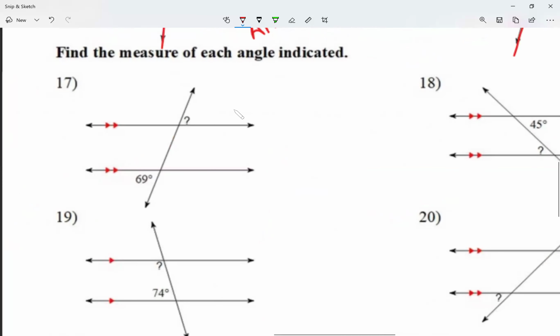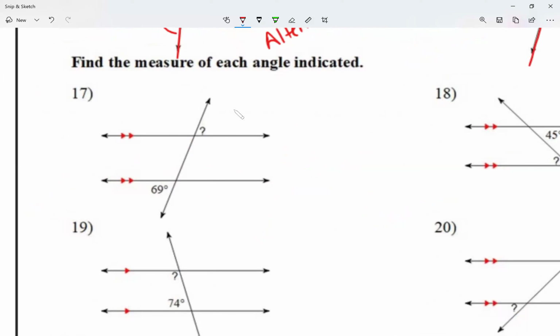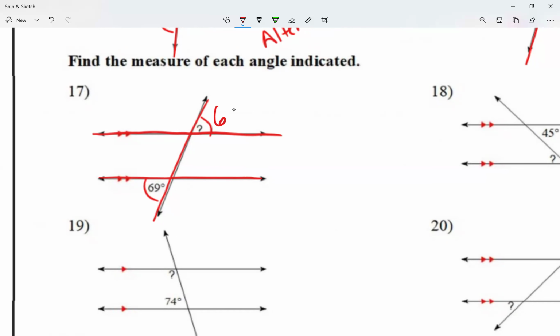To learn about angles, find the measure of each angle indicated. I see here I'm dealing with alternate exterior. Now, alternate interior or alternate exterior, either one of the two angles are equal to each other. So one of them is 69. I'm gonna say the other one is also 69.